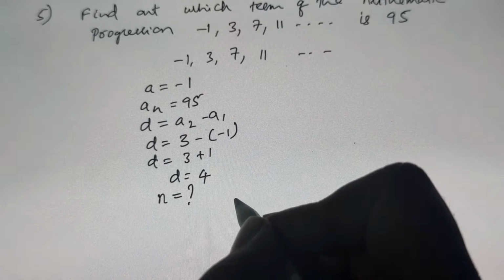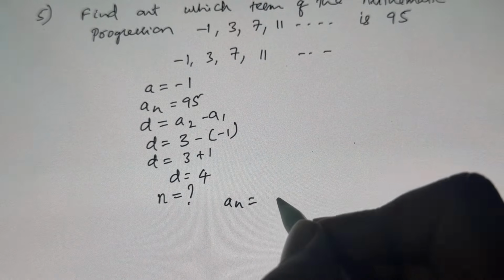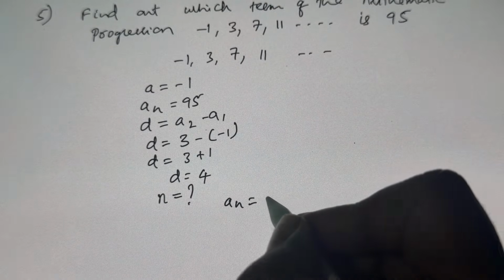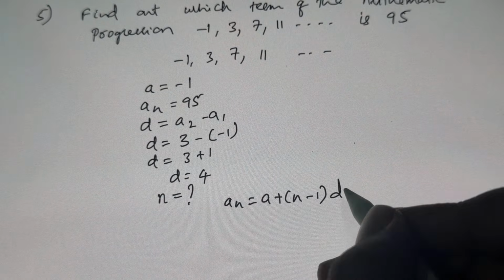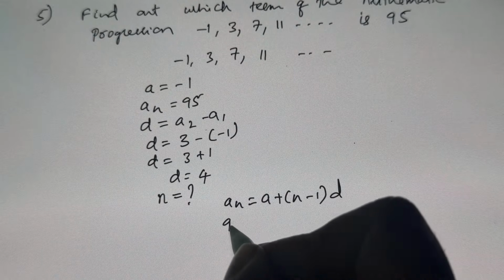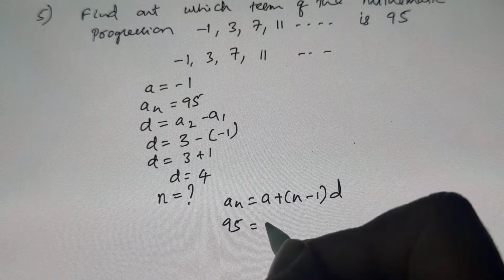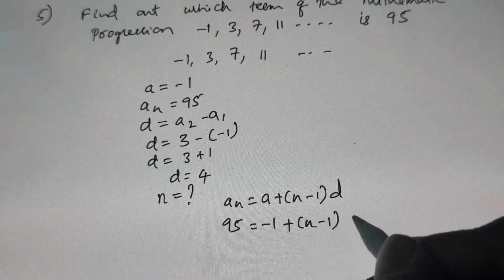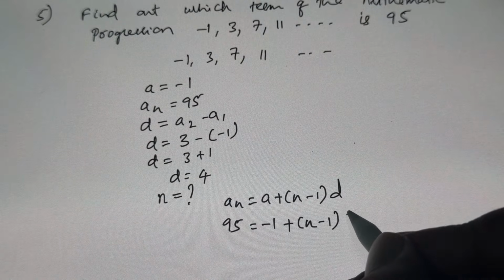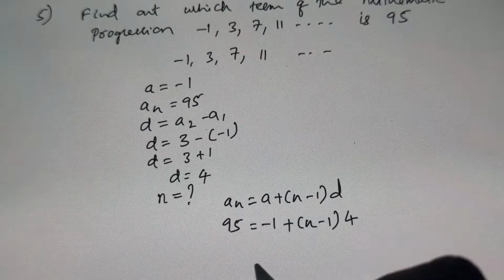Now we know the formula an equals a plus n minus 1 into d. So an is 95, a is -1 plus n minus 1 into d, which is 4.